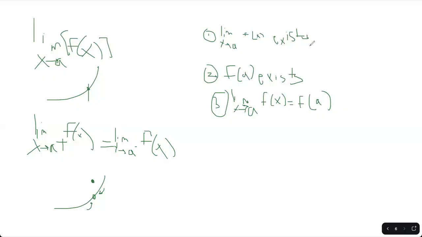If number one is true, then it cannot be either one of those discontinuities. Number two is a hole. It's just a straight up hole. The function does not exist at that point. And the third one is a bit more interesting. It's a hole, but the function still exists at that point. Like I showed you in this example down here, there's a hole, but the function still exists at a different point, not on the graph. So that's continuity for you.